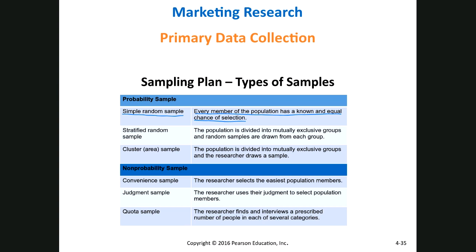Non-probability samples, you can't specify the probability of an event happening or not happening. And the first one, a convenience sample: if I said, I wonder what the Wright School of Business students think about the registration process, and I'm just going to ask my classes, I'm going to give them a questionnaire.